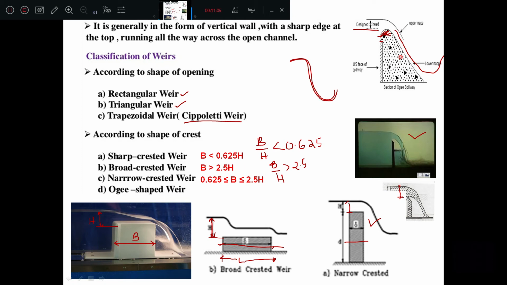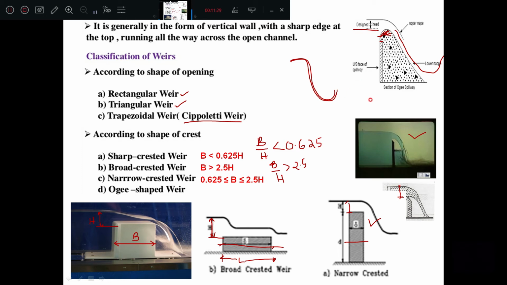A reverse curve shaped like an elongated letter S is known as an ogee curve. The downstream faces of overflow spillways are often made to this shape, that means the reverse letter S.